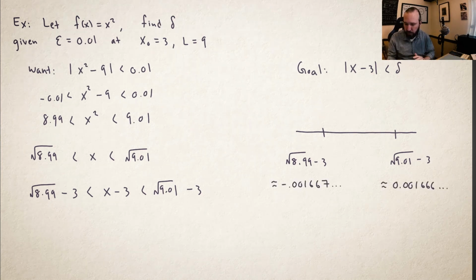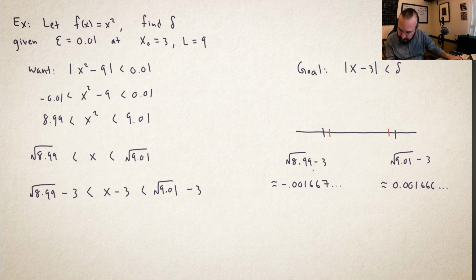So I just used the calculator to approximate these two values. And then what I can do is just not quite go out that far, right? If I just make sure that I stay inside these boundaries, then I will guarantee that the difference between x squared and 9 is less than 0.01. So what can I do here?